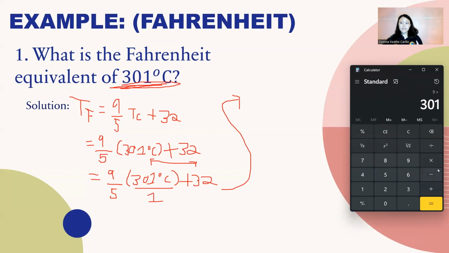9 multiplied by 301 is equals to 2,709. Sorry. Over 5 multiplied by 1 is automatically 5.